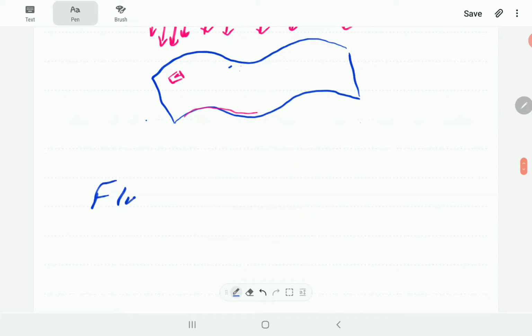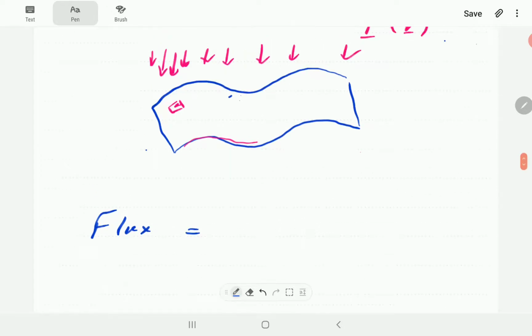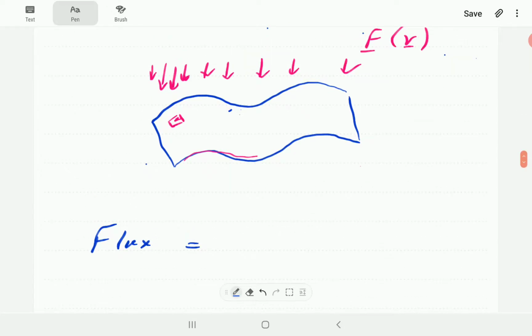If the surface is not plane and the intensity of the vector is not constant, what we're going to do is take this vector at a particular position, say this one, and take the dot product with what we're going to call dS.